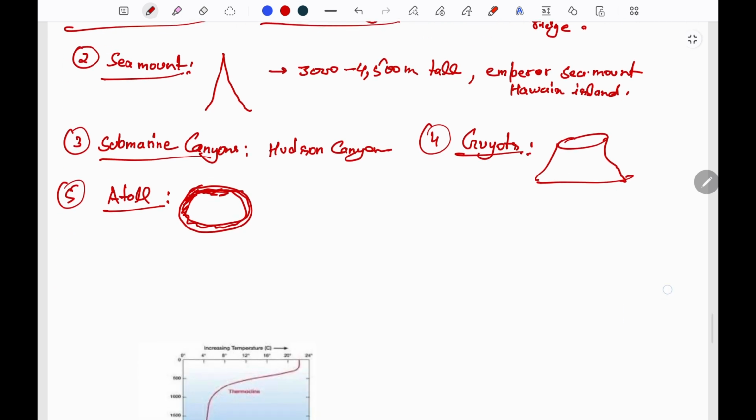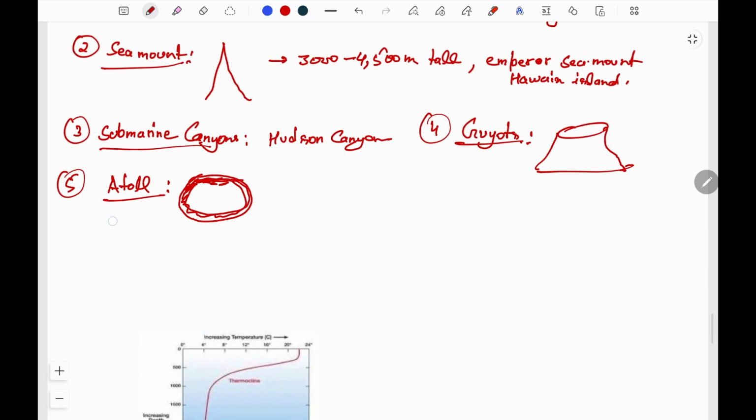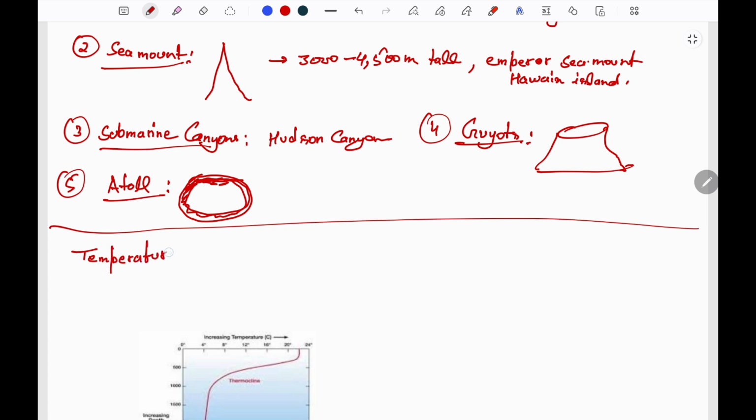Now let us look at the temperature distribution of ocean. What are the factors that affect the distribution of temperature in the oceans? First one is latitude. Lower the latitude, higher the temperature.